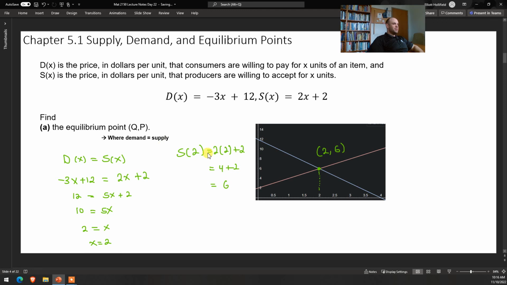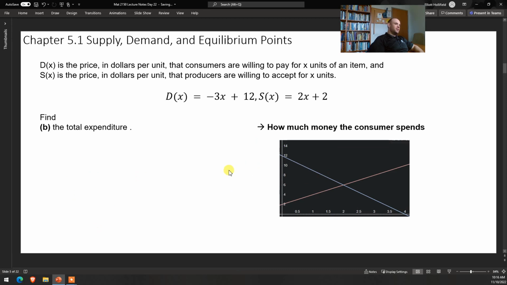Now let's think about part B, keeping in mind we know that the equilibrium is 2, 6. Now what do we mean by the total expenditure? Let's assume that the price that will be set will correspond to the equilibrium point. Then the price is the height 6.